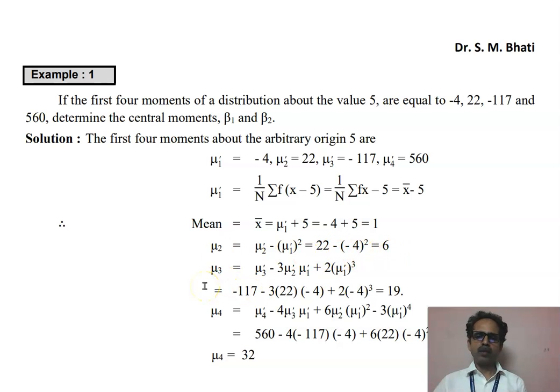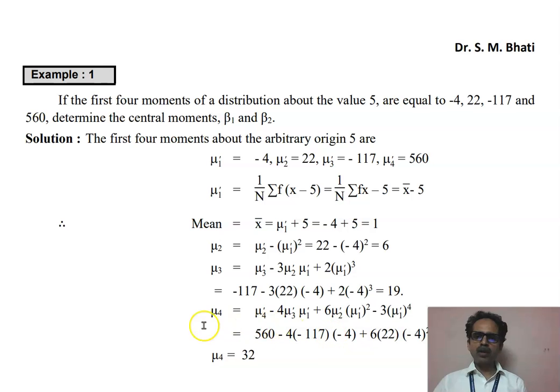Then for mu3 we have this formula, and in it we put the values of mu3 dash, mu2 dash and mu1 dash, and when we simplify we find mu3 is equal to 90. Now finally we have to find mu4. Again we have a formula for mu4.